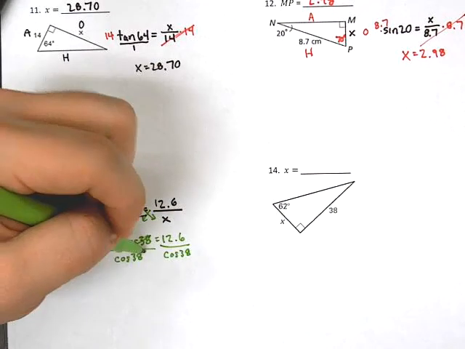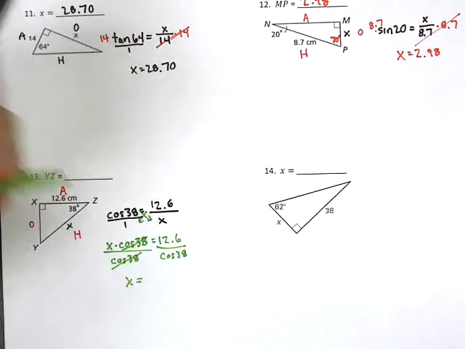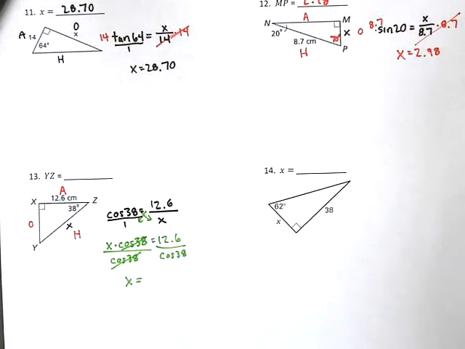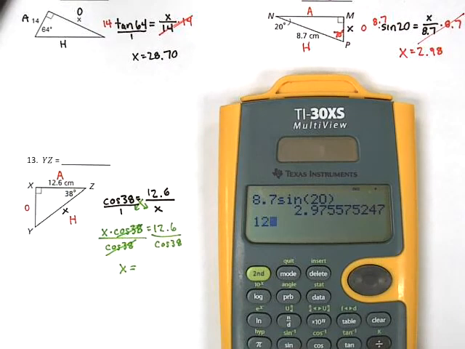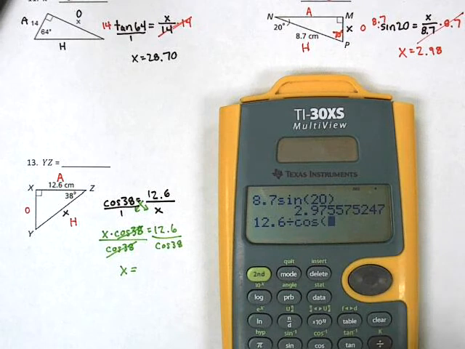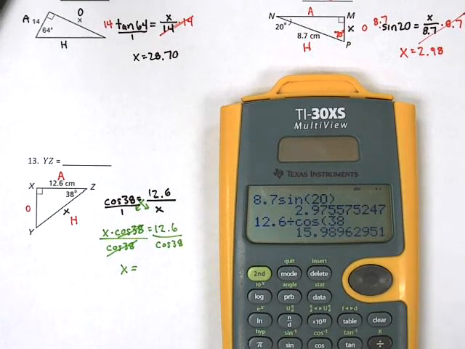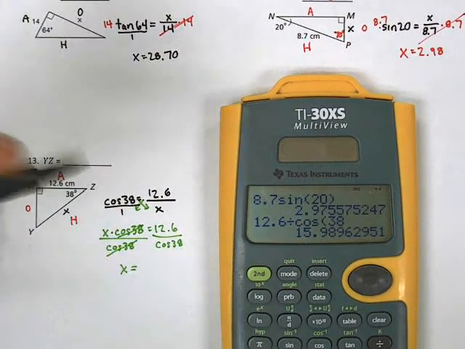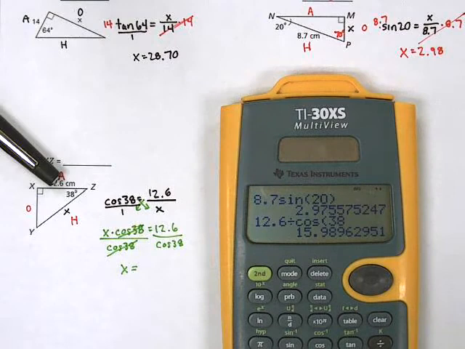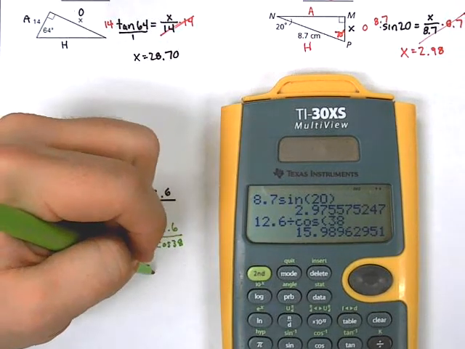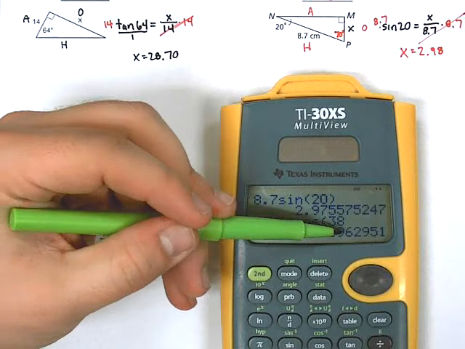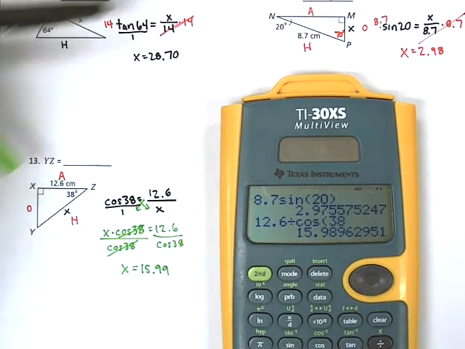Well, that's going to be real nice on the left side. I'm just going to get x. But on the right side, you got to be really careful in the calculator that you actually do division by cosine of 38. So when we do that, we get 15.8, and then I'm going to round that 8 to a 9. So 15.99.